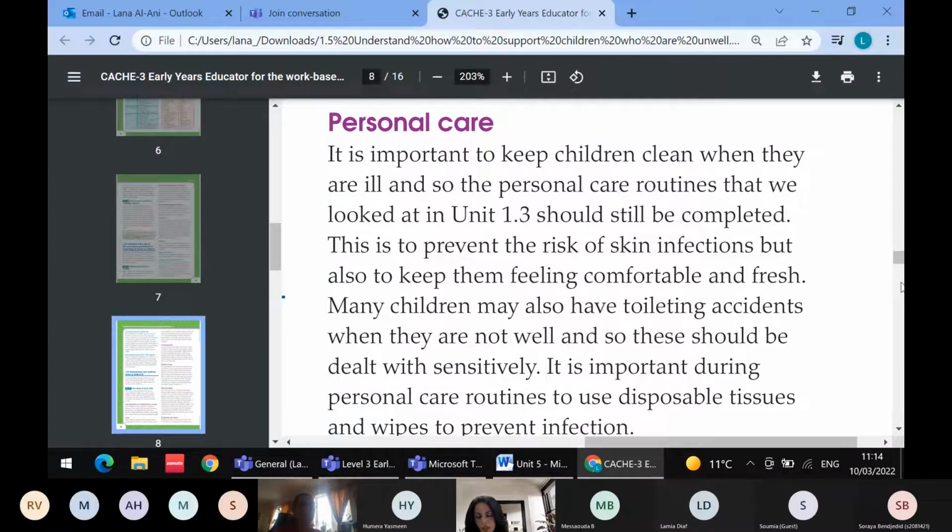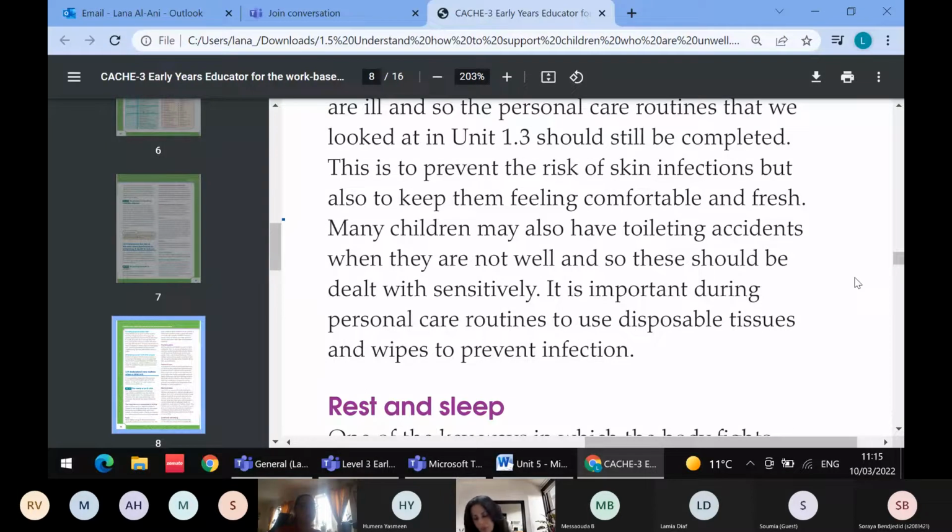Many children might also have toileting accidents and may need more attention from us. Yes, and because they are unwell, they might not be controlling their body well, and they might be feeling sensitive about this.